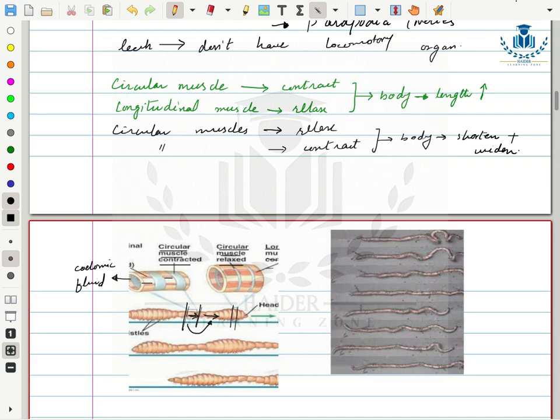Similarly, this movement will be repeated to locomote from one place to another, and these little structures present on the underside of the body are locomotory structures, which include setae or parapodia.